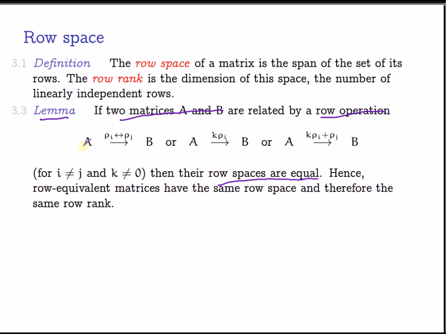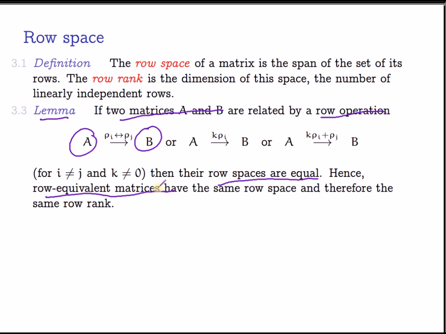In other words, the row space of A will be equal to the row space of B, whether you do row exchange, row multiplication, or row linear combination. Therefore, row equivalent matrices have the same row space and therefore the same rank, or same row rank. Recall that row equivalent matrix means that you can arrive at one from the other by a sequence of row operations. All right, now, why does this proof make sense?